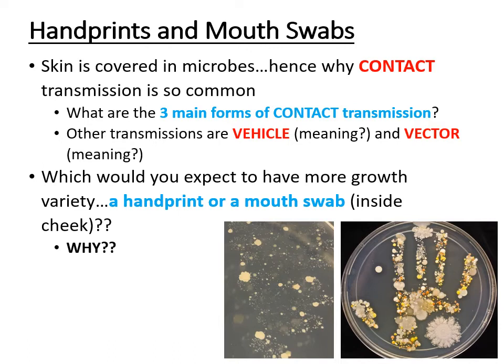I'm going to have you write about that in your post-lab, kind of thinking about, well, a handprint, all you do is you take your hand and you put it on the TSA plate to transfer whatever is currently on your hand. A mouth swab, you're swabbing the inside of your mouth, your cheek, and then transferring it to a TSA plate. So which area do you expect to have more variety, more growth of different microbes? Your hand or your mouth? And think about why that is.